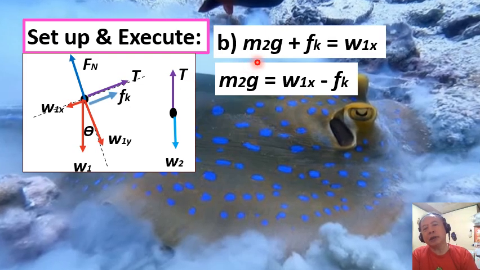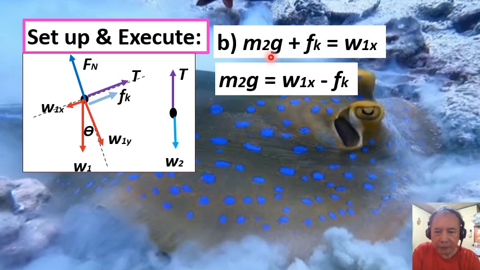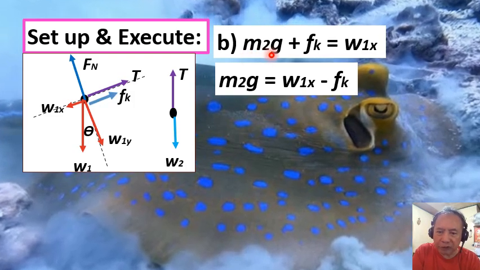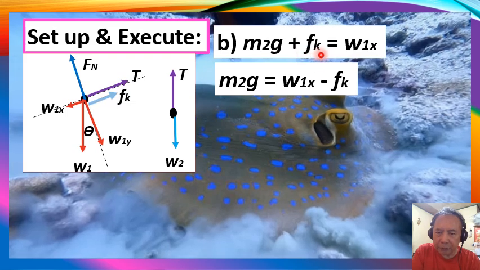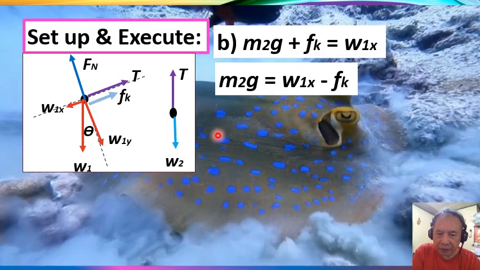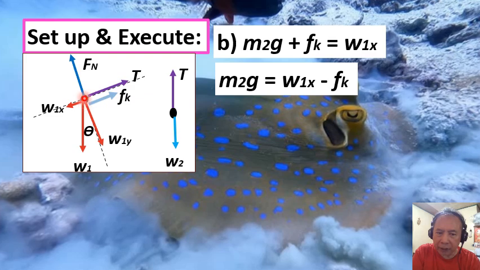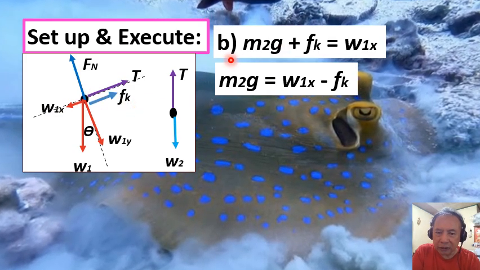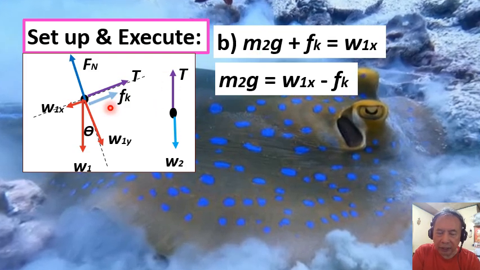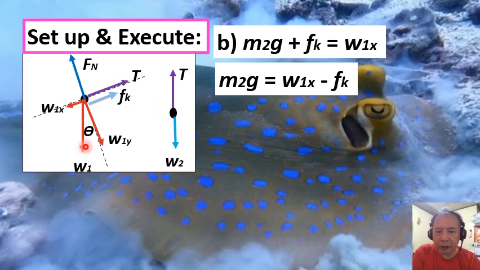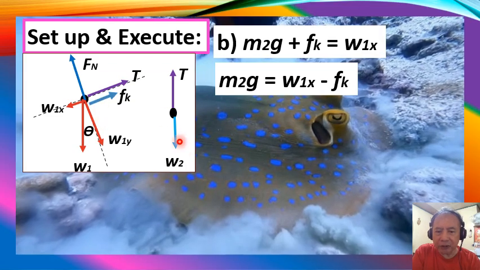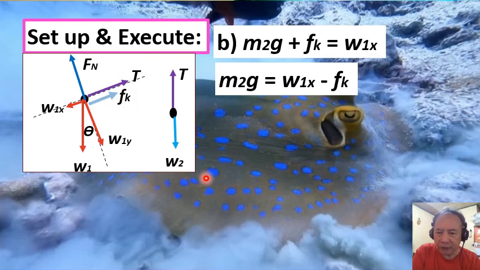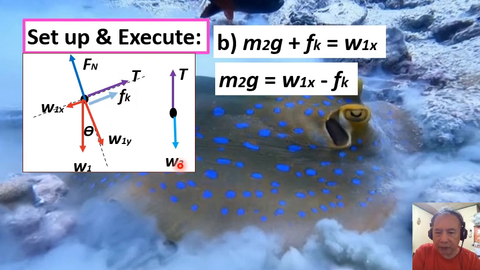acceleration. So our equation would be the sum of the weight W2, or that is M2 times G, plus the kinetic friction. Because this time, since the motion of block M1 is down the incline, the direction of the kinetic friction on it will be opposite, that is up the incline, which happens to be in the same direction, positive x direction, just like the case of weight number 2.